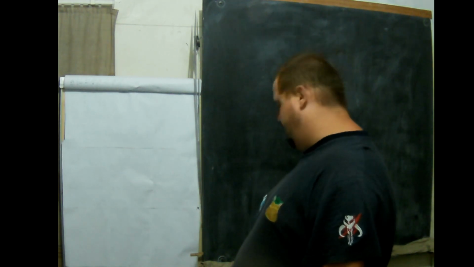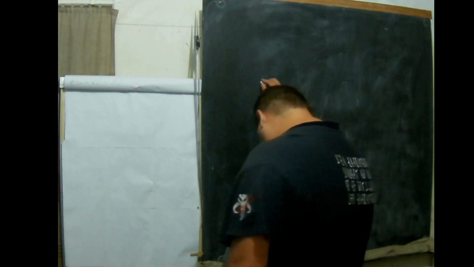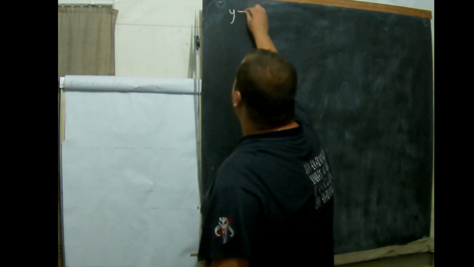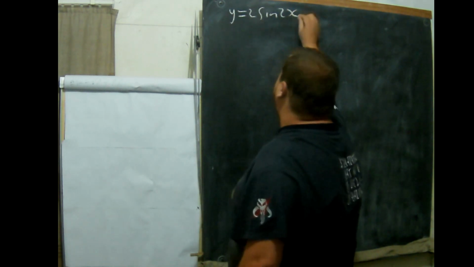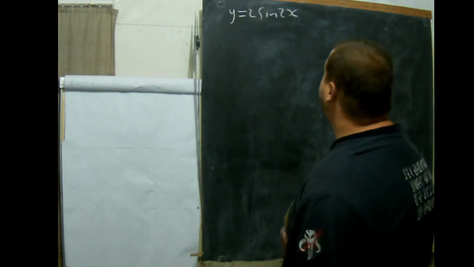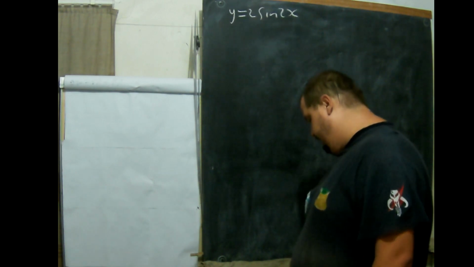Alright, so what we have here is a sine graph that goes y is equal to 2 sine 2x. Now this is our graph.